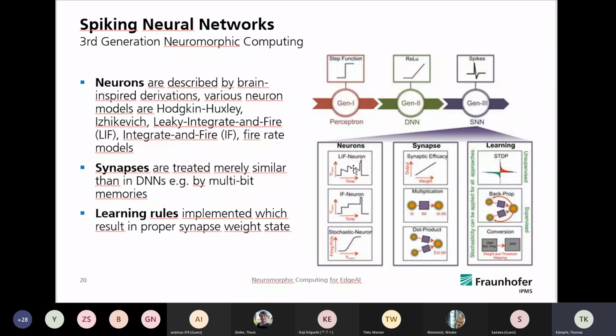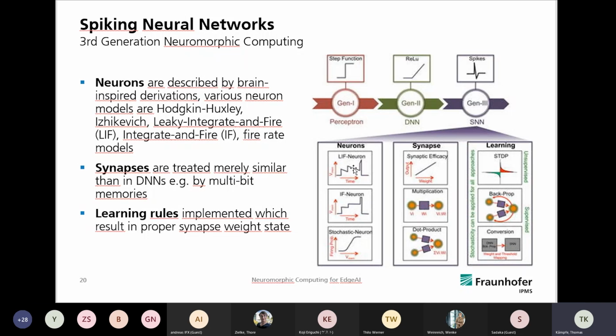In fact, the more detailed mathematical model is the Hodgkin-Huxley model, and it describes the brain neuron very well. And the spike response model, which has been developed, is closely matching the biological neuron.